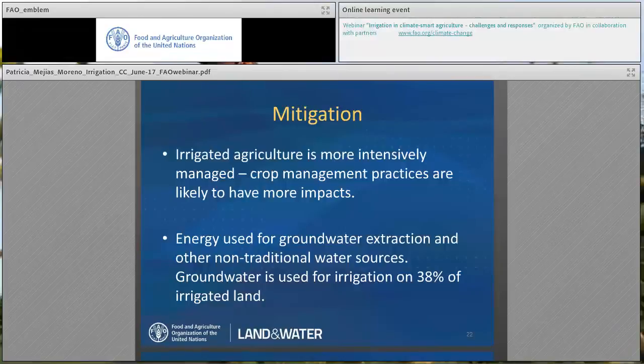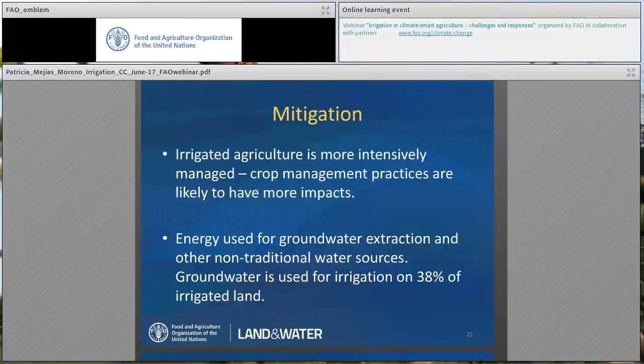On the other hand, it's important to mention the link between irrigation and energy. Groundwater is used for irrigation on 38% of all irrigated land, and the use of groundwater is expanding because of water scarcity. The use of groundwater and also other non-traditional water sources, such as desalination or water reuse, requires higher energy inputs, and that includes the use of fossil fuels.